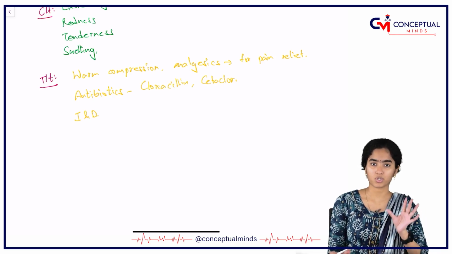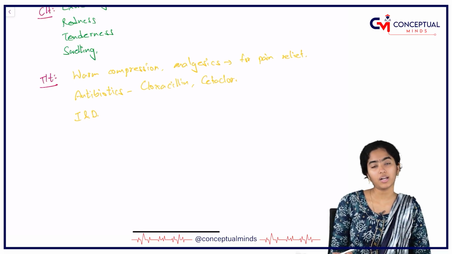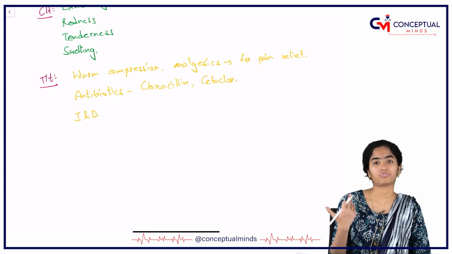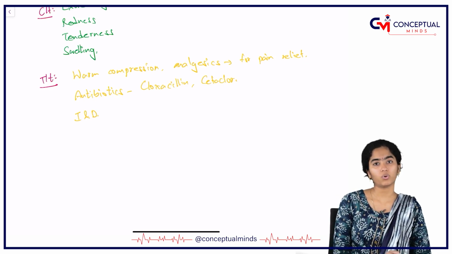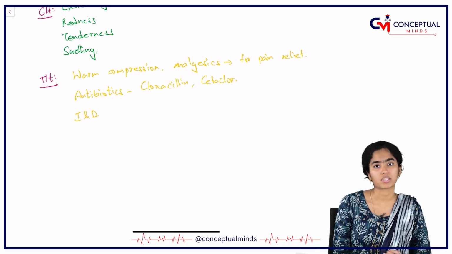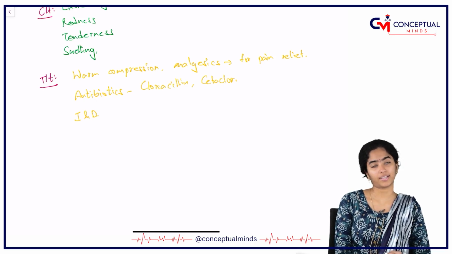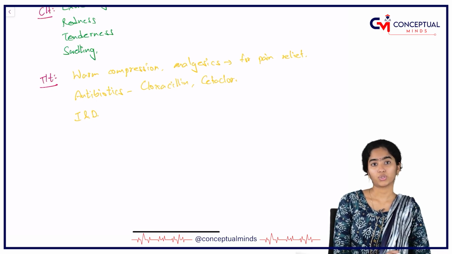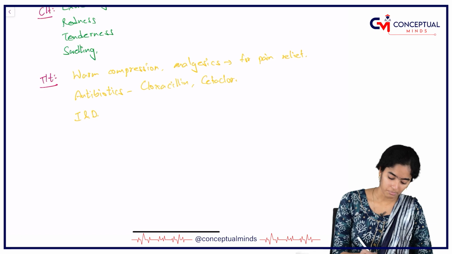Why will that happen? Because of pinching the furuncle, and because of the valvelessness of the facial veins, the infection can directly go into the cavernous sinus and cause cavernous sinus thrombosis. What is the complication?